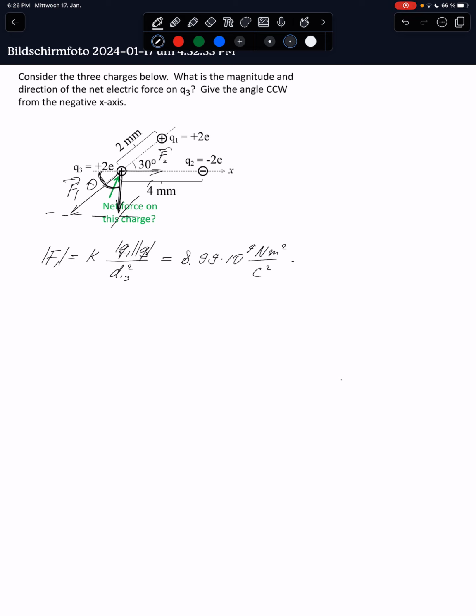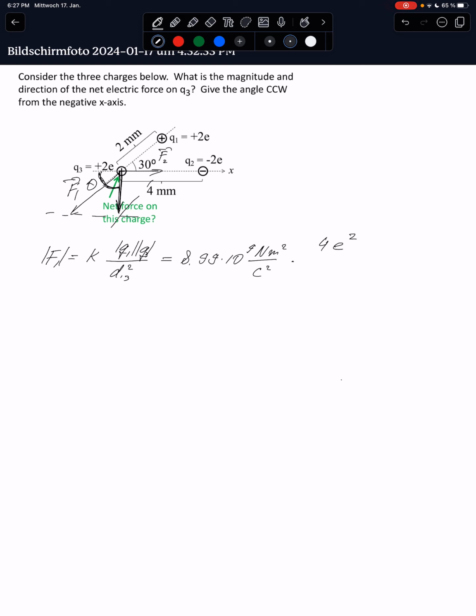So we have Q1, which is 2e, multiplied by Q3, which is 2e. Very good, it will give me 4e squared.